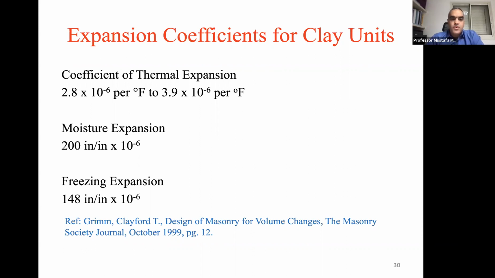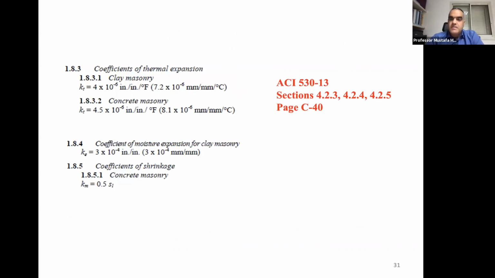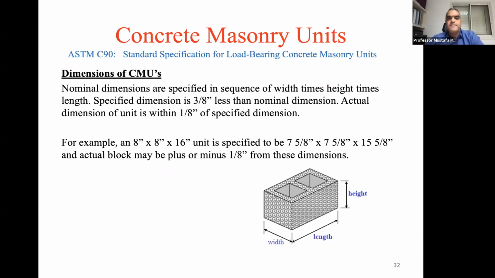Okay, so those values are given in the code, in the TMS 402, in the first chapter, as you can see. Okay, and typically, if you have not taken the PE exam or the ASCE exam, you will see some questions about calculation of expansion joints or control joints in the case of concrete masonry.